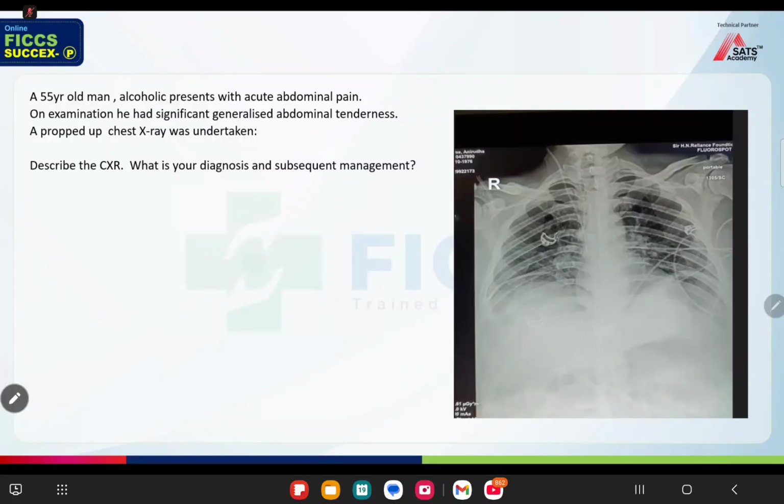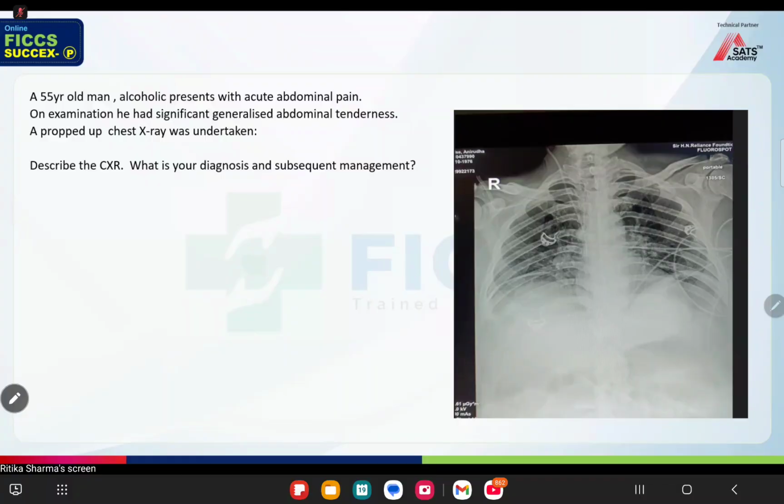Acute abdomen is there. Alcoholic, 55-year-old male. Abdomen tenderness is there. What all can you see in the chest X-ray? Some reticulations are there, but they are homogeneous and on both sides.